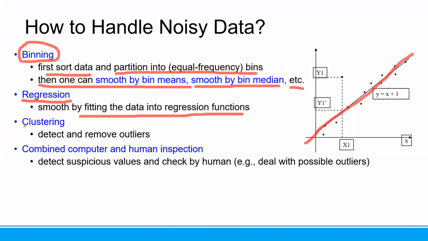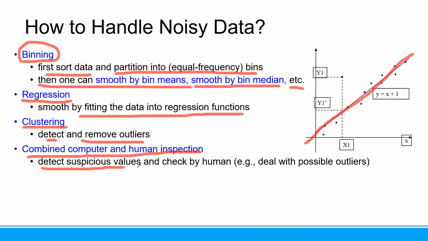Or we can do clustering. We will learn later about clustering. We can detect and remove the outliers. Or we can combine computer and human inspection. The computer can see, but sometimes humans should be involved.